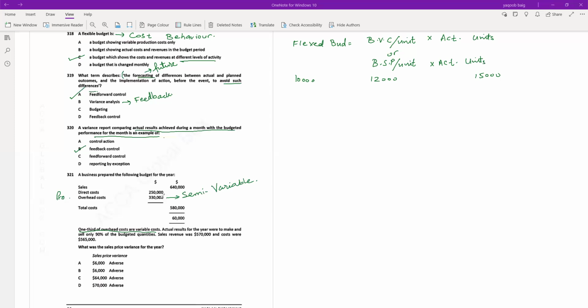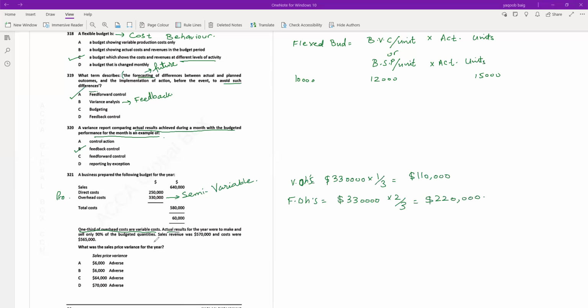So out of these $330,000, we have variable overheads of one third. 330,000 multiplied by 1 by 3 is 110,000. Then we have fixed overheads, equal to 330,000 multiplied by 2 by 3. This is 220,000.